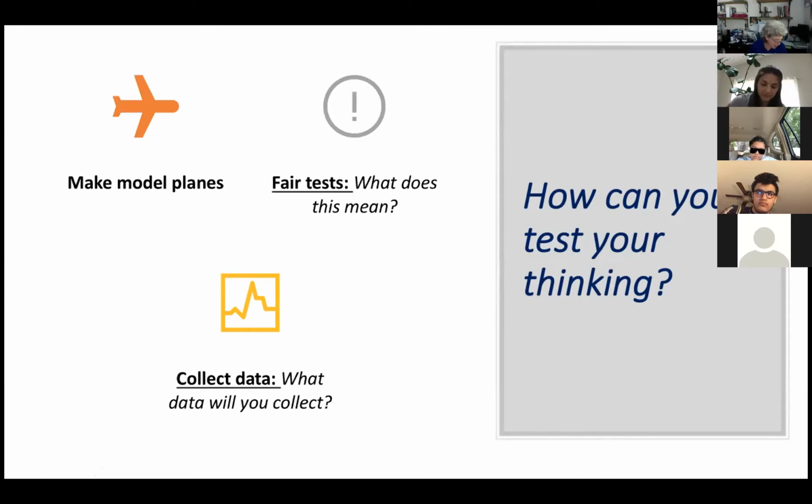So you can make both the hot dog and the hamburger plane, or you can just make one. We'll look at the video for how to make the planes, but first let's talk about how you're going to collect the data and what data you're going to collect before you build the planes.